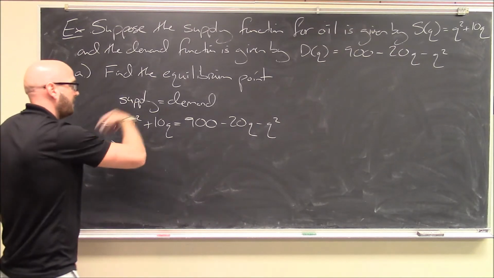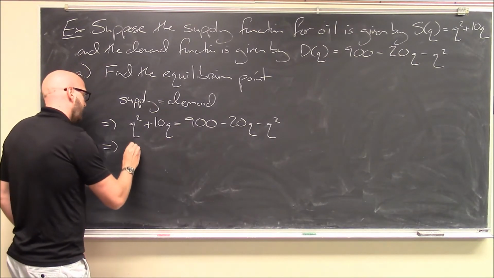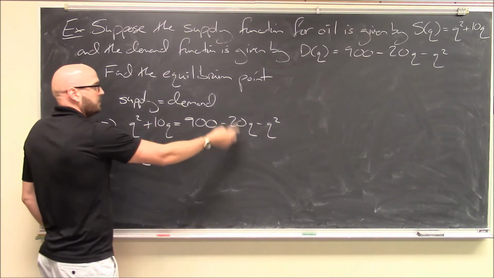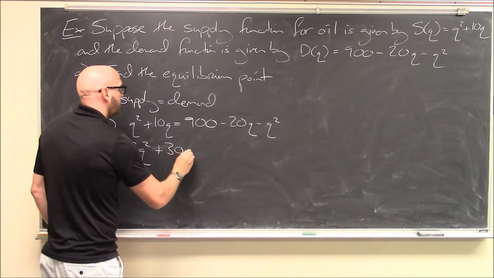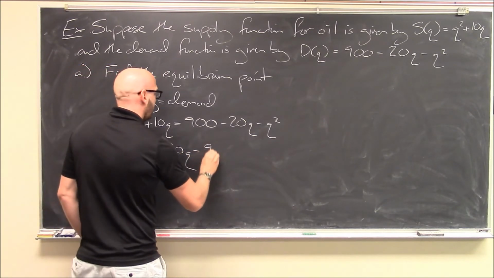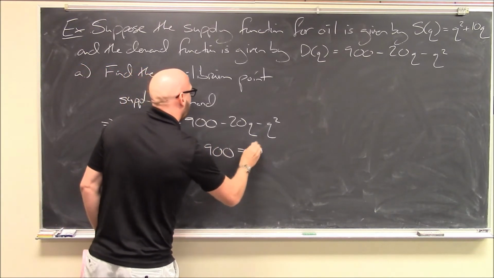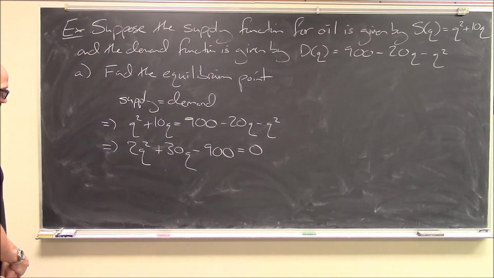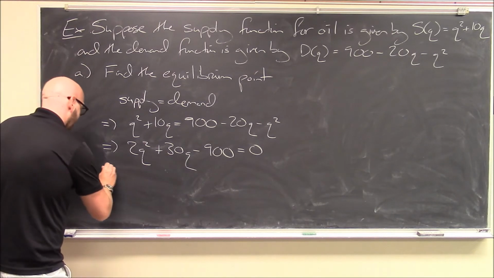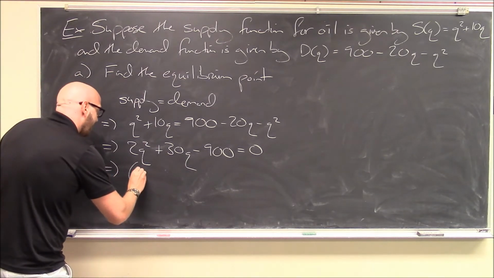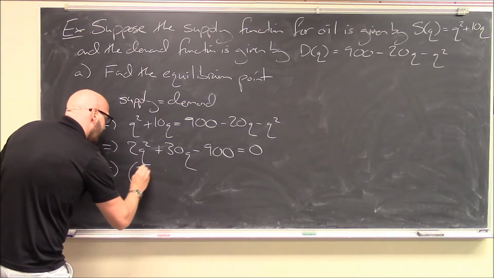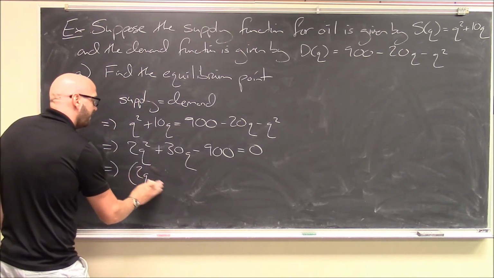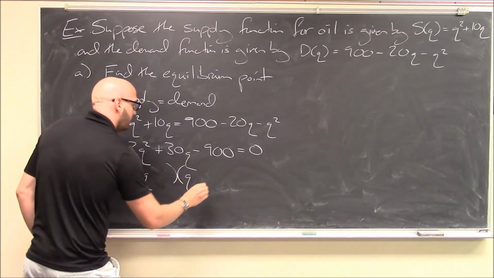And let's see, I'll group everything on the left. So add Q squared to both sides, we're going to have 2Q squared plus 10Q plus 20Q is plus 30Q minus 900 equals 0. And I'm hoping this factors nicely. The only way I'm going to factor this is if I have a 2Q plus something times Q plus something.